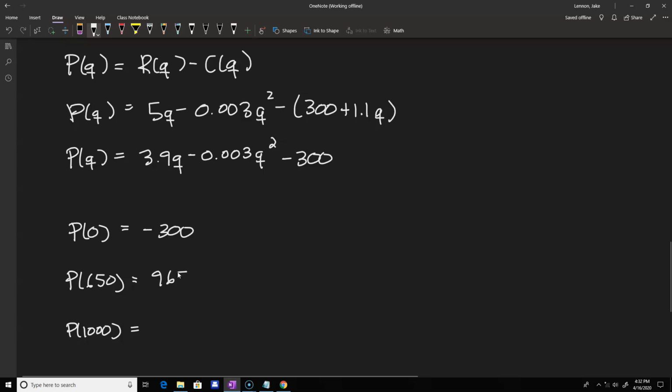Then you would have 967.5. So it turns out that this is actually going to be our largest value. And then we have 600 at 1,000.